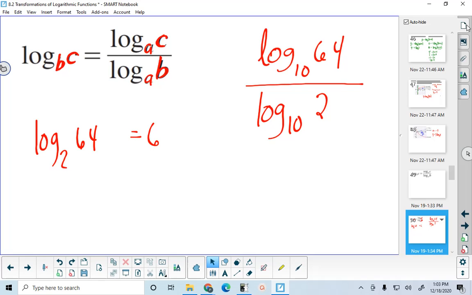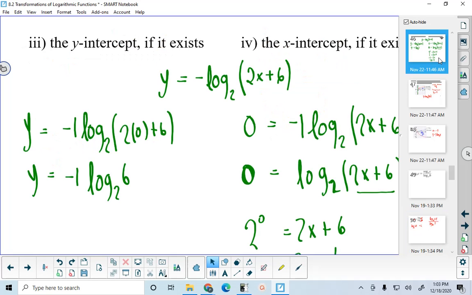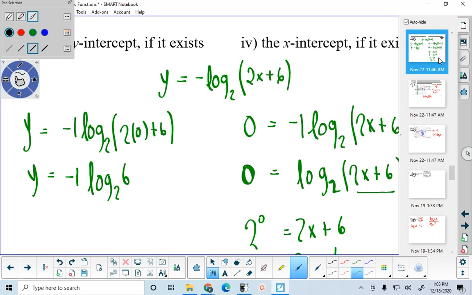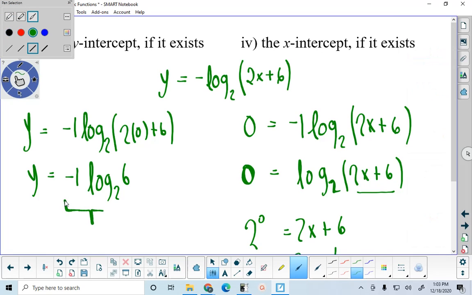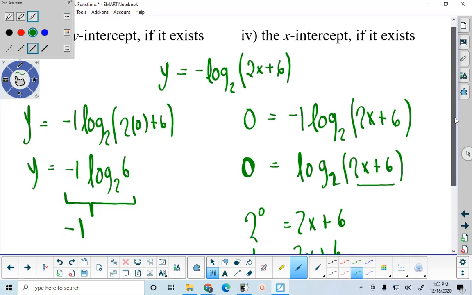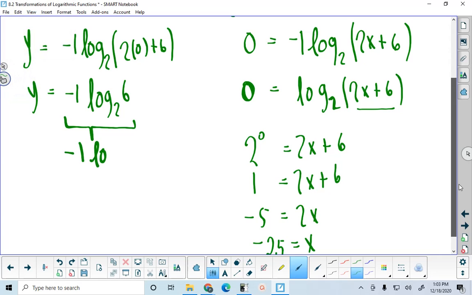Now, I told you in part 3 of example 2, we will figure out what this is in a minute or two. Well, it's going to be negative 1 multiplied by log base 10 of 6 over log base 10 of 2.